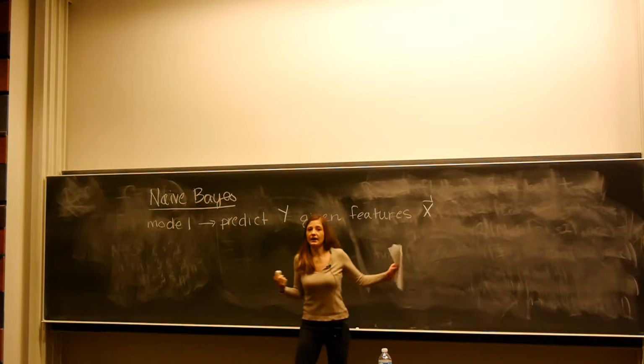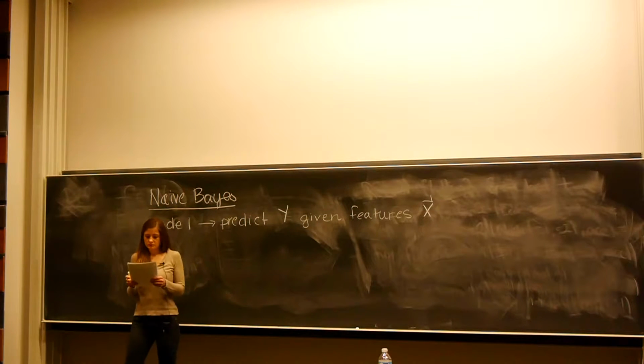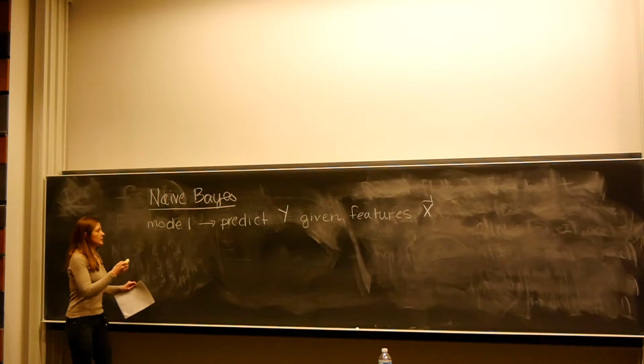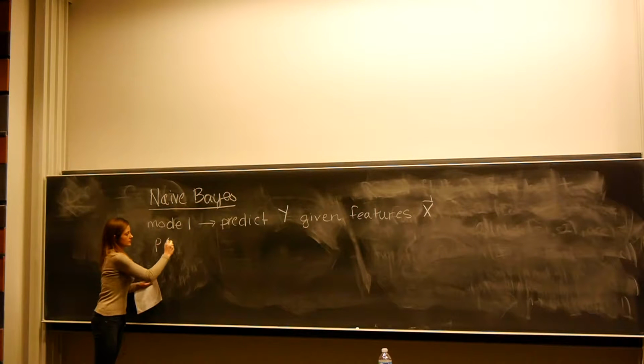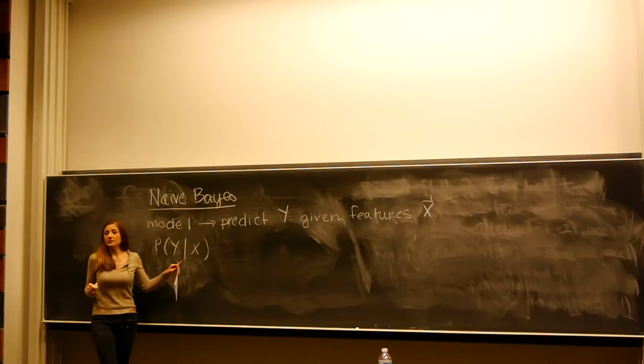Where x is usually a vector. It can be more than one feature, right? And so often in a classifier, the model that we want to learn is the probability of y given x, or the probability of our label given our features.